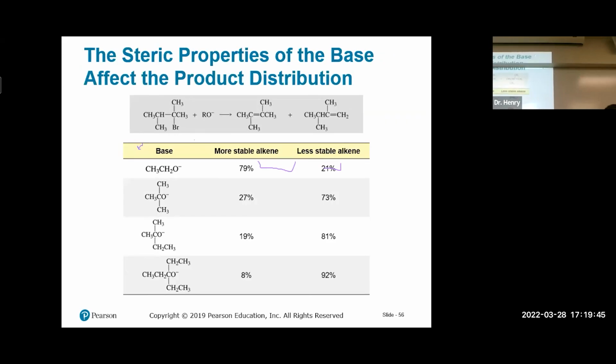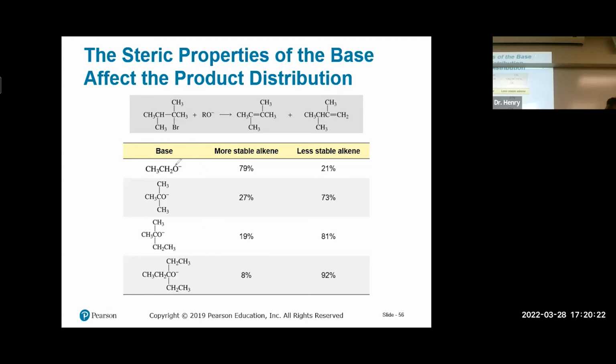Okay, so as a result, we know that steric hindrance is going to play a huge part in how much of a product we can end up with. In the case of this reaction, depending on what our base is, that's going to be a factor, because the bulkier that base gets, the more it's going to affect our product, right?